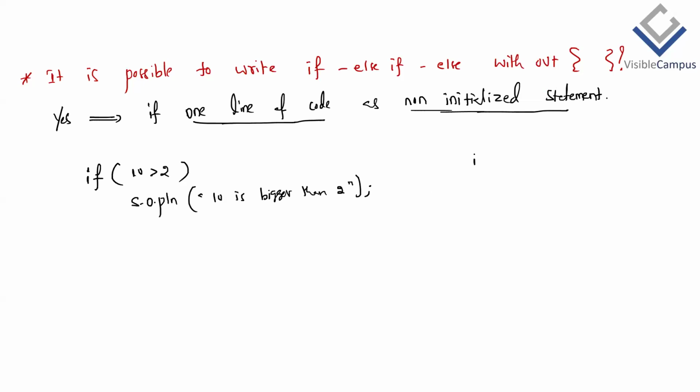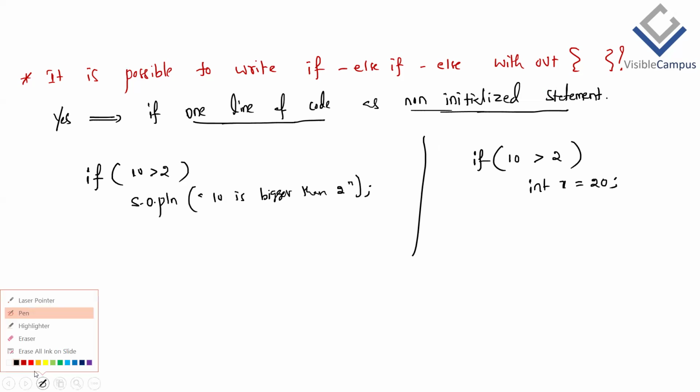But the same thing, if condition 10 greater than 2, I'll write int x equals 20. So here, are we initializing anything? Is it initializing or not? Yes, sir, 20 is the value which is assigned to the x variable, correct or not?